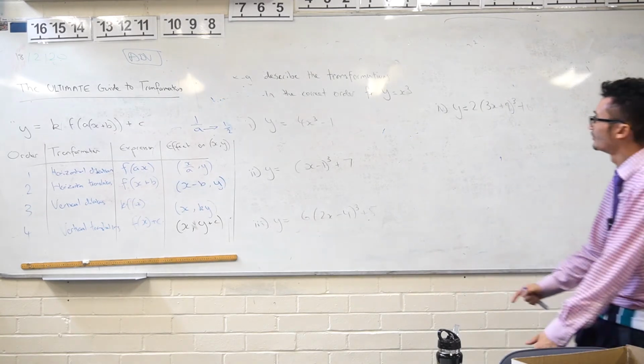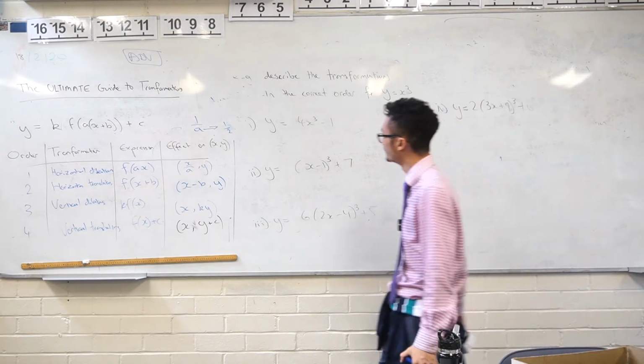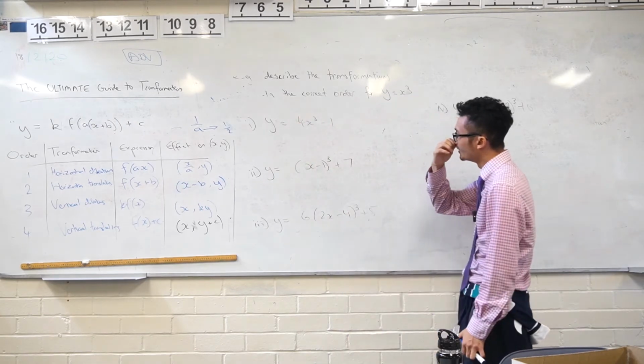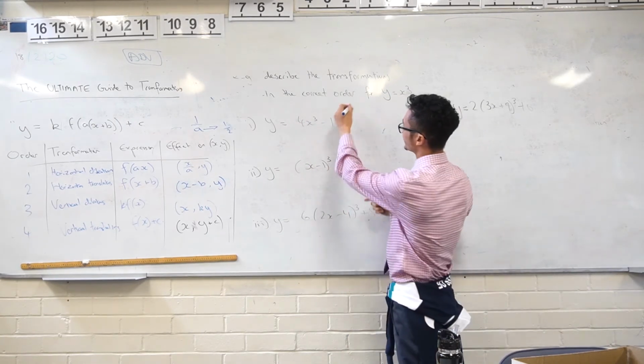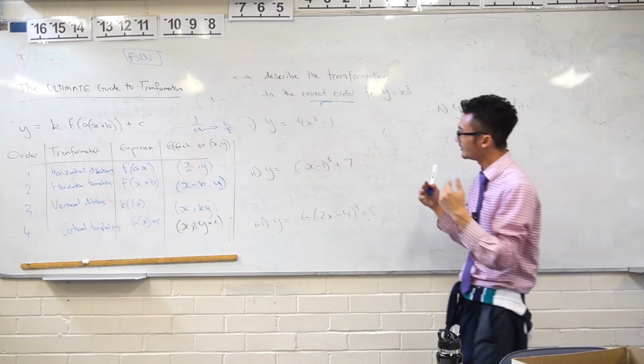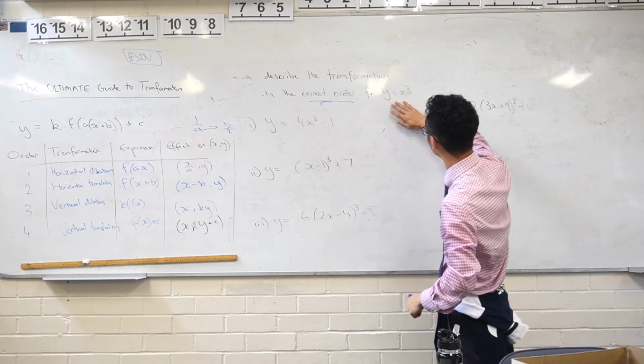And here's our last type of question, describing transformations. Here we need to be comfortable with the terminology and also comfortable with the expressions that we look at. Maintain that same order, generally is what they'll ask. So let's try this. First of all, how did they create 4x cubed minus 1? We're starting with y equals x cubed here.